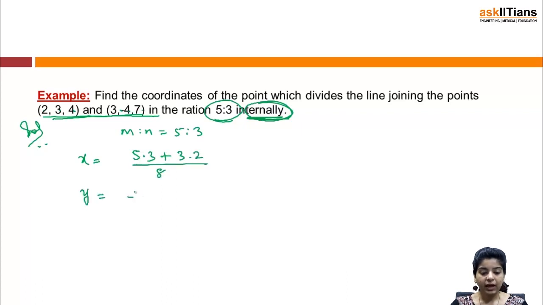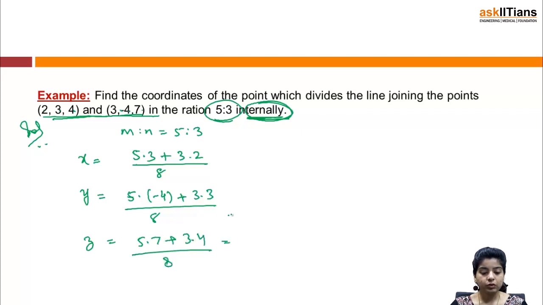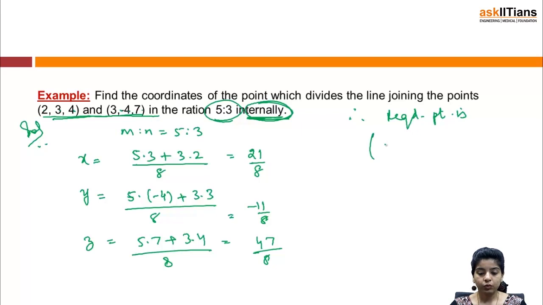My y would be m y2, that is minus 4, plus n y1 by (m plus n), and z would be (m z2 plus n z1) by (m plus n). So this is equal to 15 plus 6, that's 21 by 8. Then we have minus 20 plus 9, so we have minus 11 by 8, and this becomes 35 plus 12, that's 47 by 8.